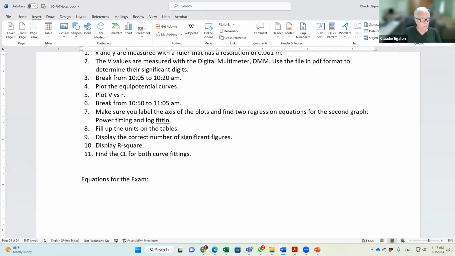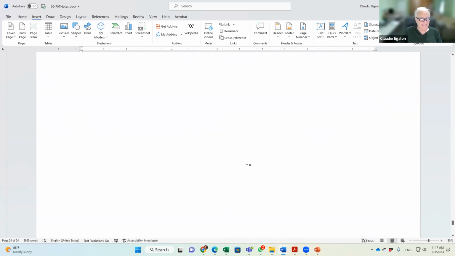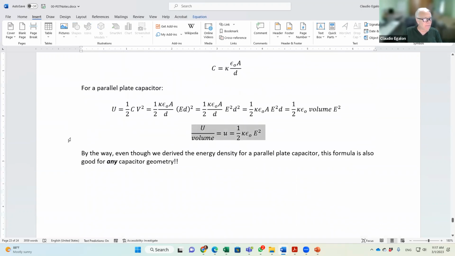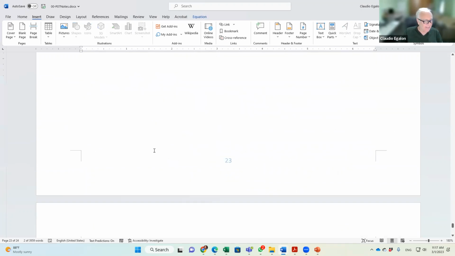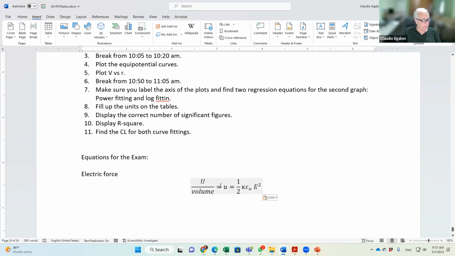The first equation is going to be the electric force. The same force that the ancient Greeks would call magnetic force. They didn't know it was a different type of phenomenon. It was easier for them to observe magnetic phenomena at that time than to observe electric phenomena. Okay, and what's the electric force?